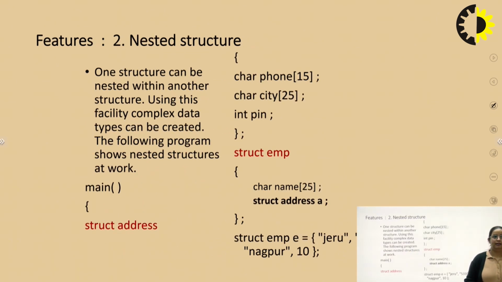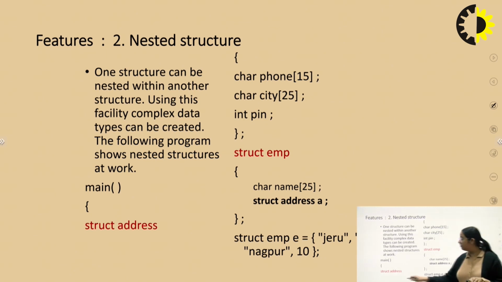The second is nesting of structure. I think nesting is known to everybody. Before this we have seen nested loops and nested control statements. Nesting under structure means a structure within a structure. If you are talking about a nested structure, we create a structure, and within that structure we again create a structure.